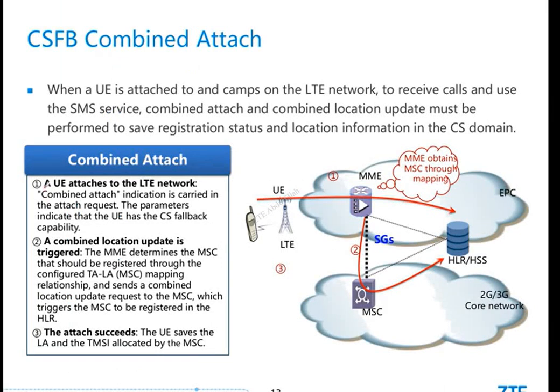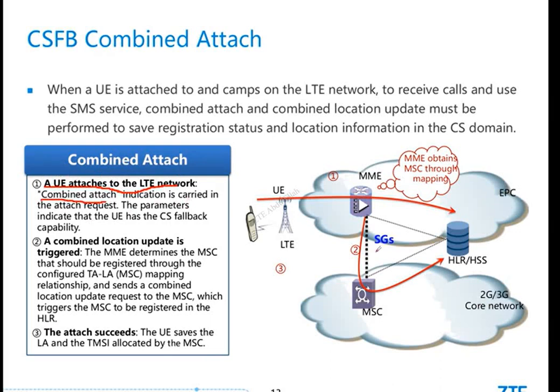The first step is the UE attaches to the LTE network. At the beginning, the UE will attach to the LTE network, and there is one parameter, combined attach, carried in the attach request.